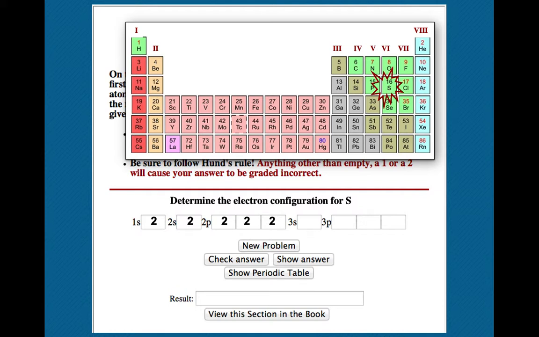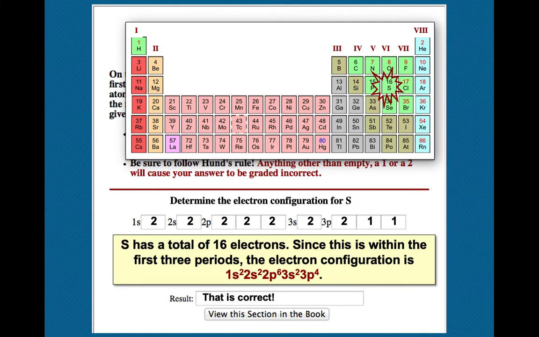The 3s is full. And in the 3p, we will have 1, 2, 3, 4 electrons. Hund tells us 1 at a time. And then the second electron goes here. And that's the answer.